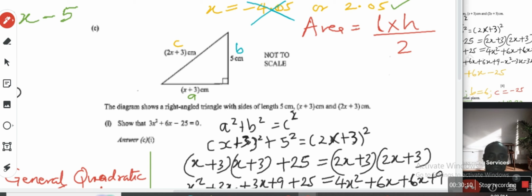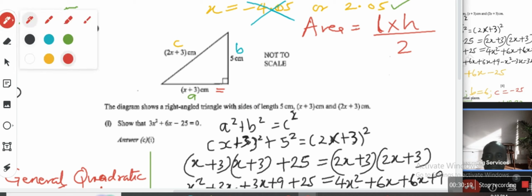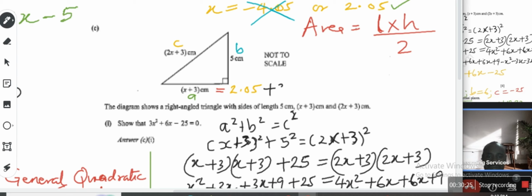The length is actually x plus 3, which is 2.05 plus 3. So the real length is actually 5.05, right?